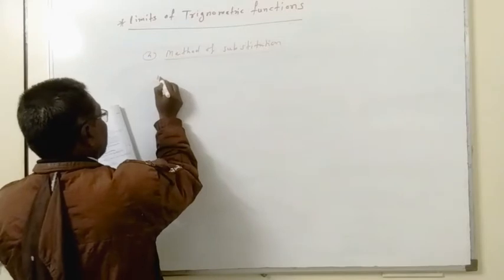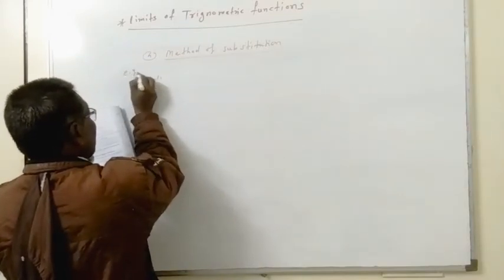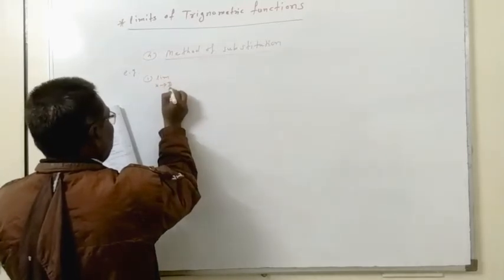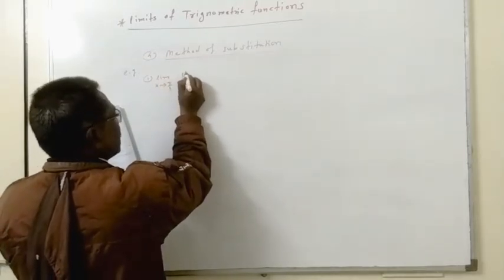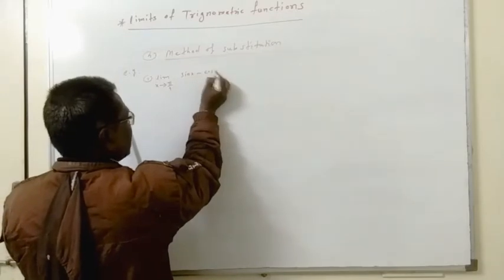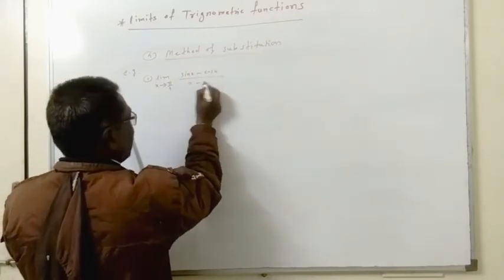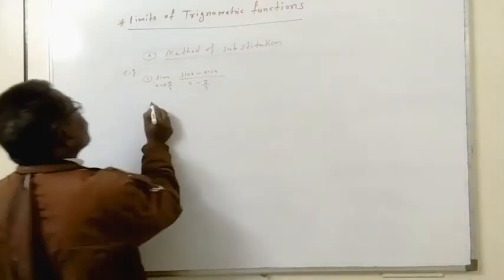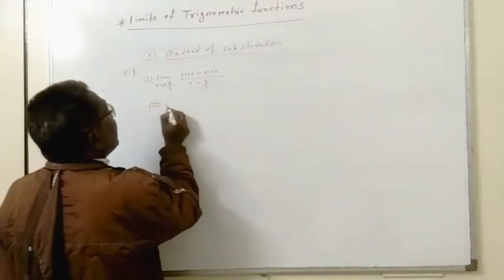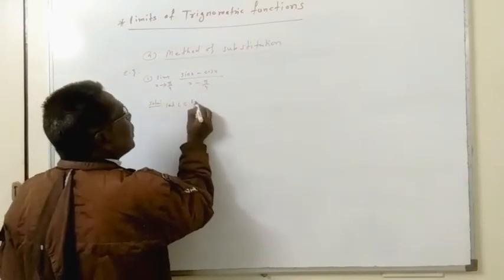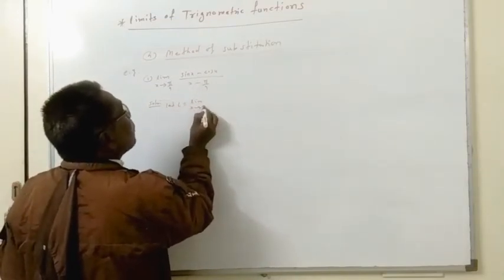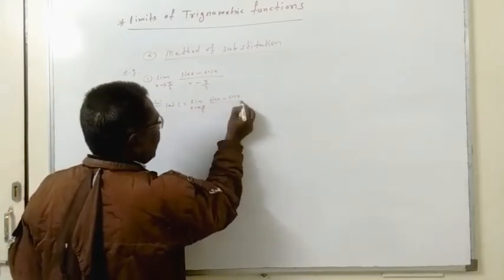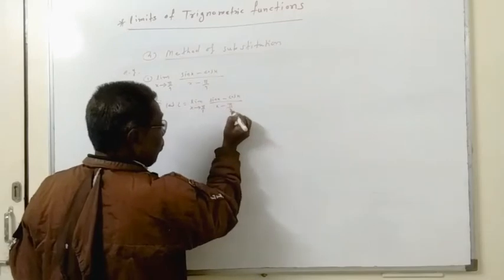So limit x tends to pi by 4, (sin x minus cos x) divided by (x minus pi by 4). Solution. Let L be equal to the given limit, x tends to pi by 4, (sin x minus cos x) divided by (x minus pi by 4).